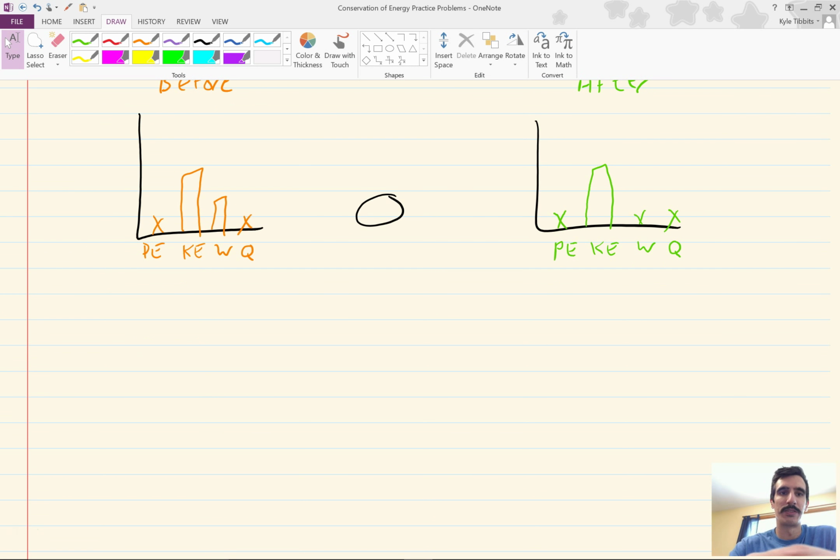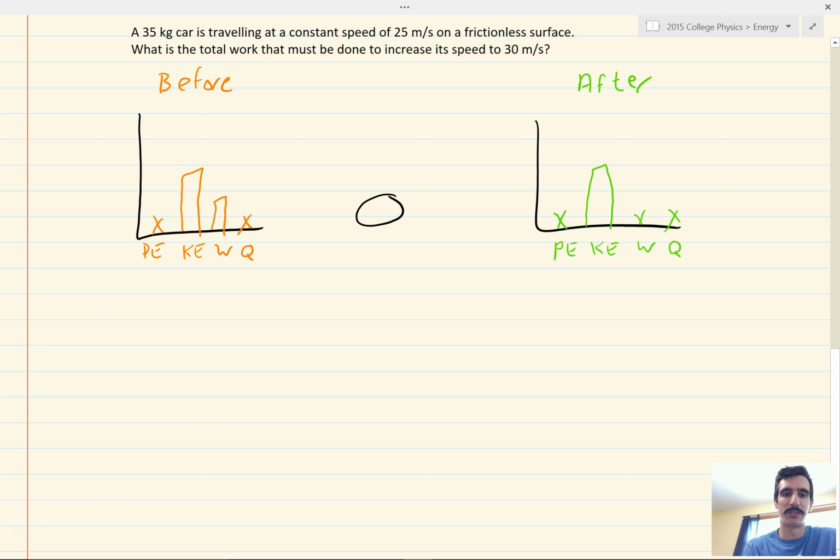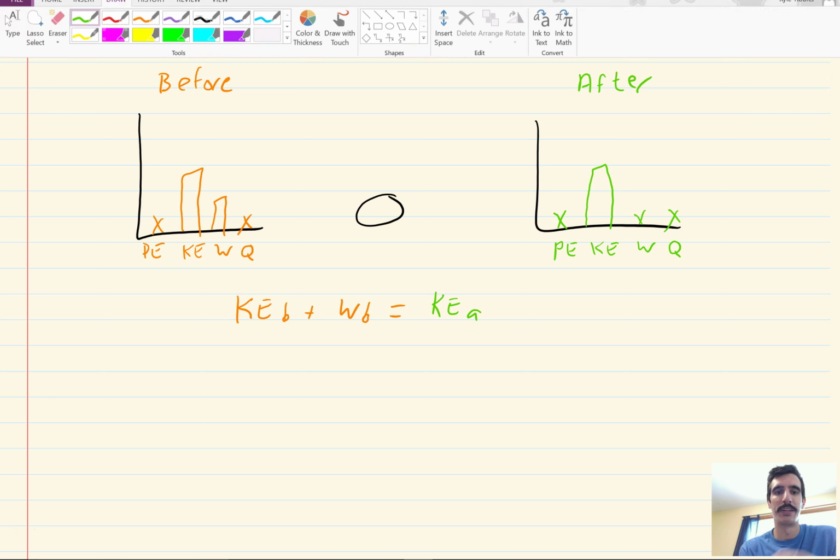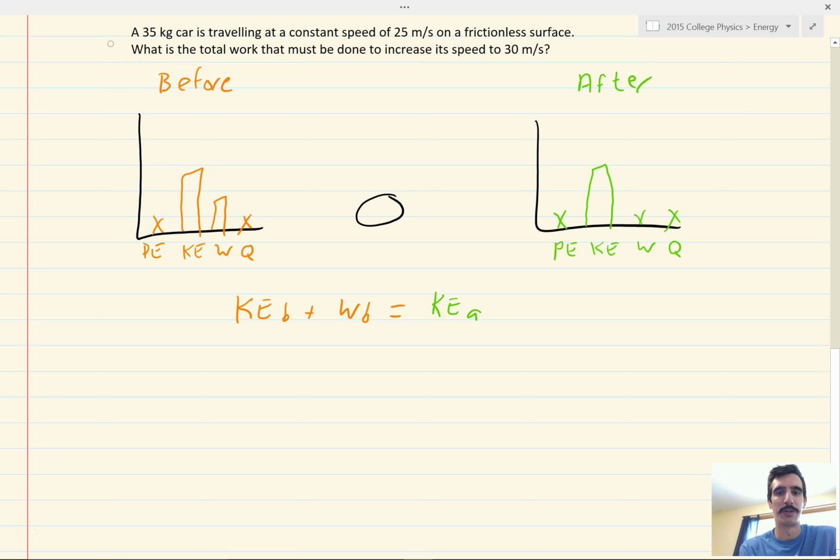So we've got KE before plus work before is equal to KE after, and we want to find the work being done. So why don't we just subtract the KE now?